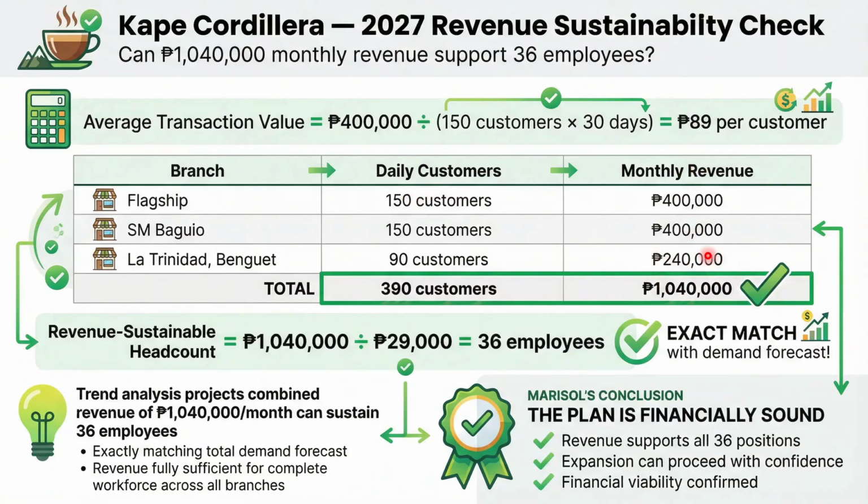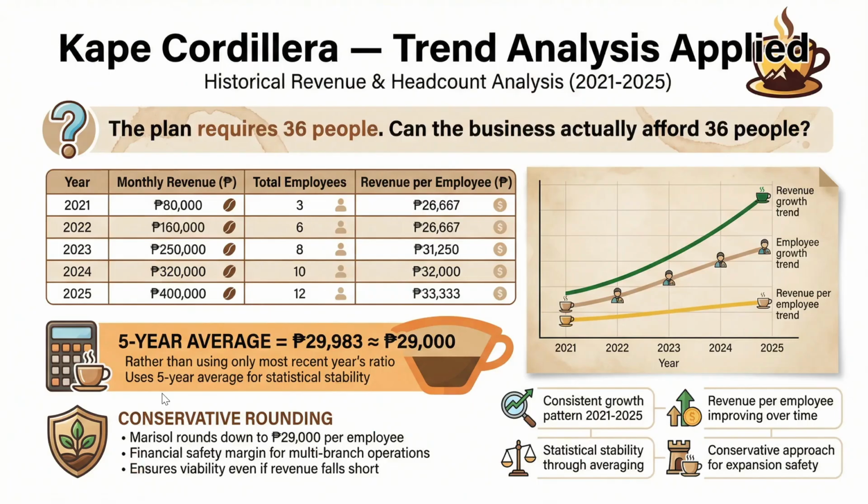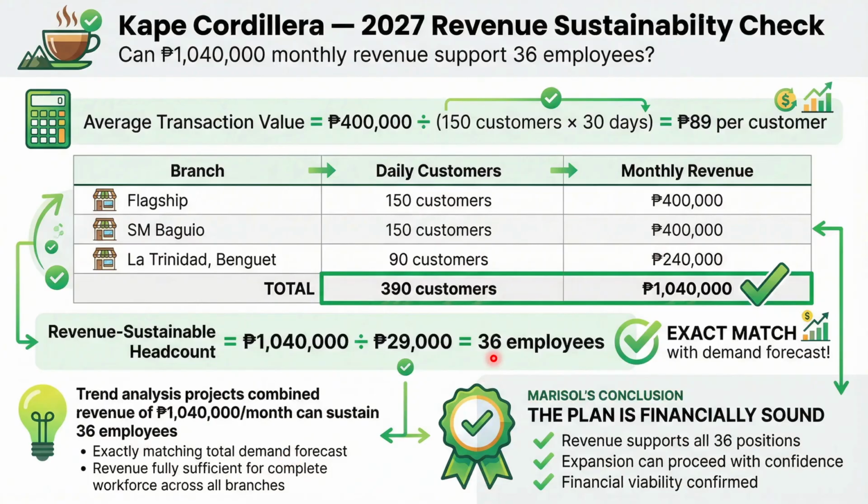And then, we have here, we will serve 390 customers per month times 89. That's approximately, okay, rounded na to, 1,040,000. And then, divided by the 29,000 pesos revenue per employee equals to 36 employees. So, what does this mean?